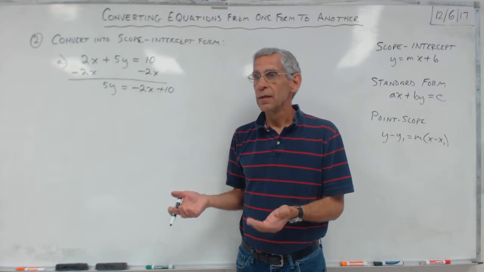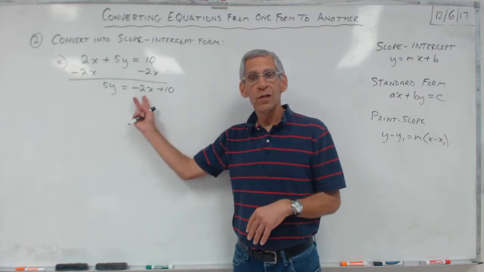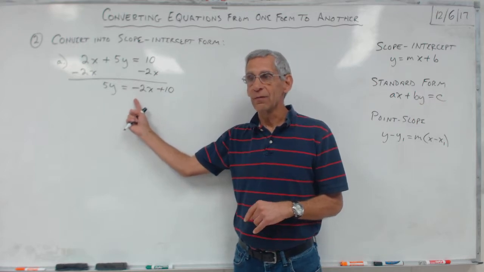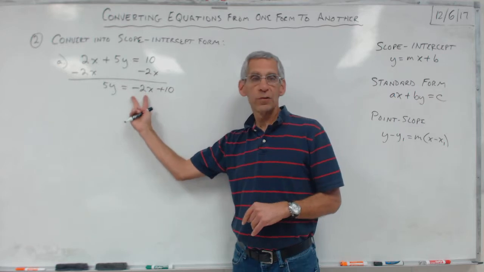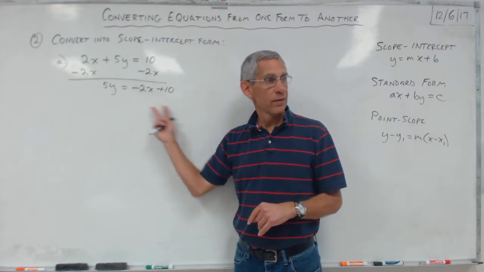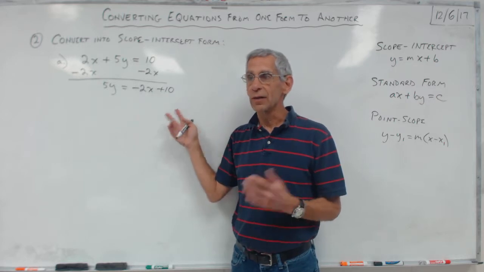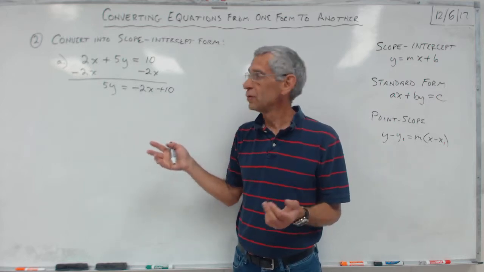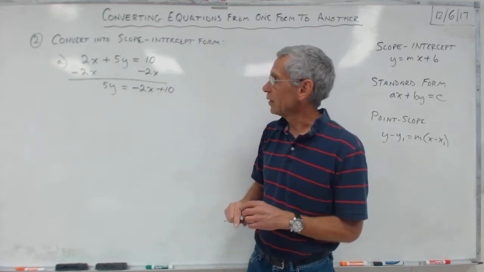If you always put your x's first, you don't take any chance of forgetting which one is your slope. Your slope is always that first number in front of the x, and your y-intercept is the second number. If you wrote it the other way around, some of you will get confused. So I like to put my x first and then the number. Does that make sense? It's a great question, Stacy.